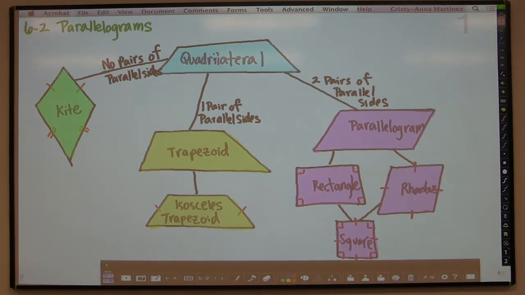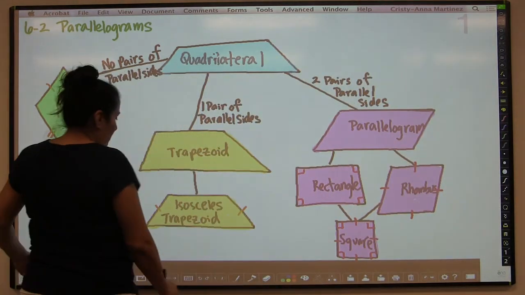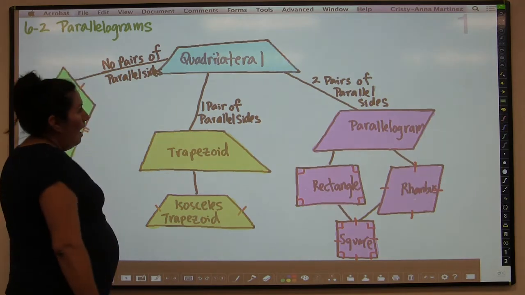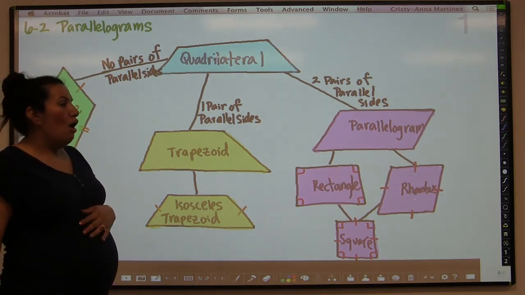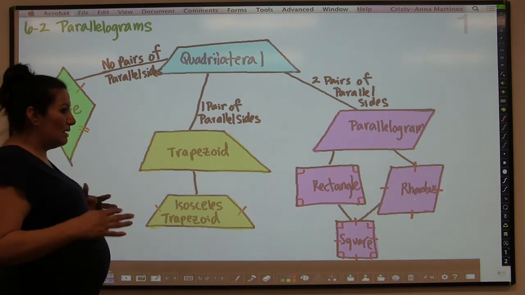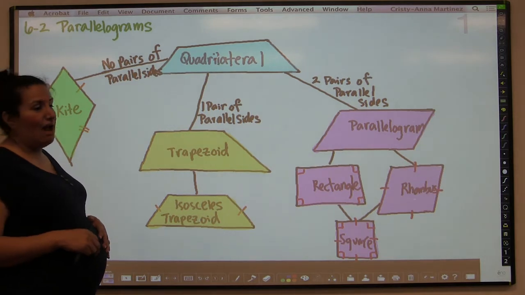But before we get there, I wanted to give you a diagram of sorts of the different types of quadrilaterals that we have. As you can see, we have basically three branches of types of quadrilaterals. The three different types are separated by the number of parallel sides they have.